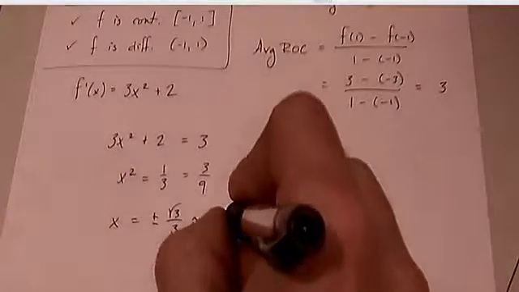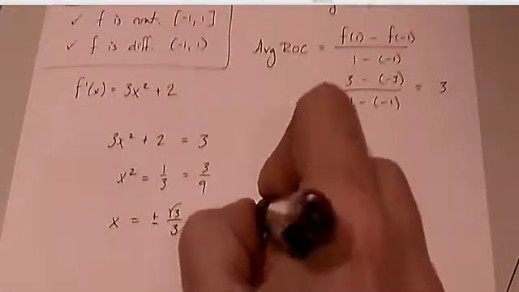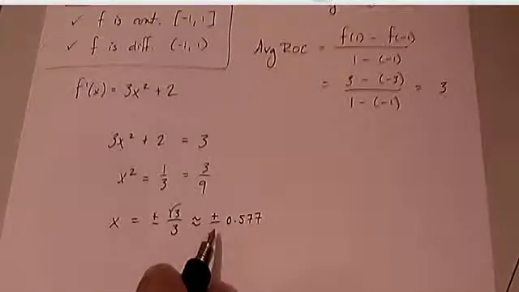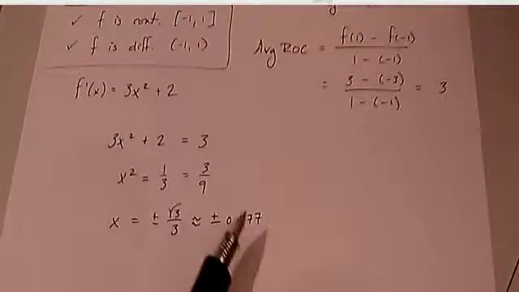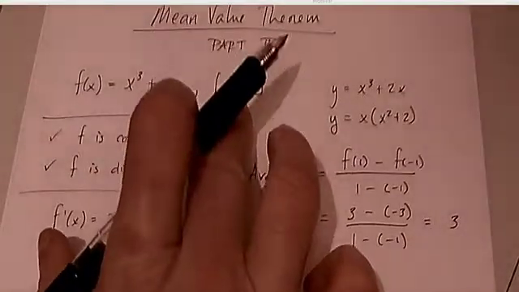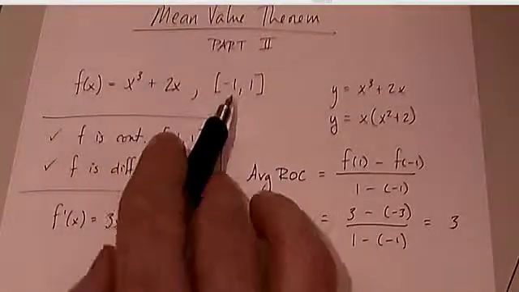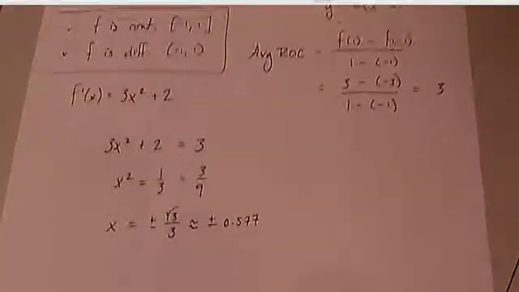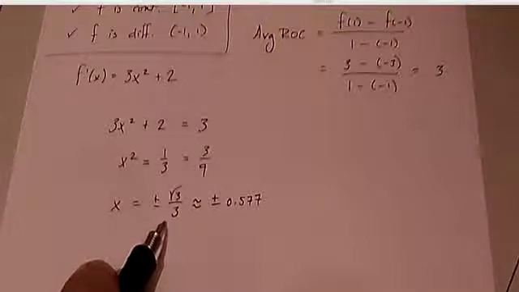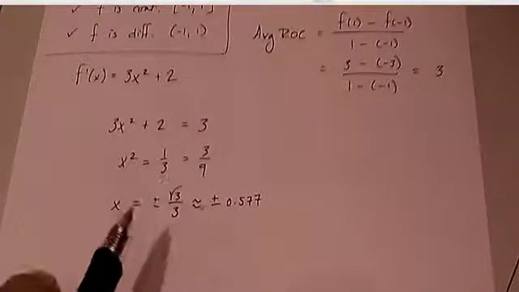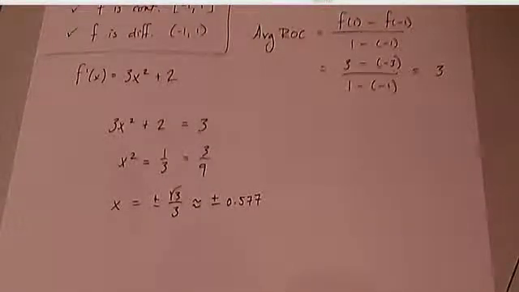That's plus or minus 0.577. The great thing about doing it in terms of decimals here is to confirm that it's in your interval, but you should have recognized that. You should know the general magnitude of this number. So those are the two values on that interval that accord with that.